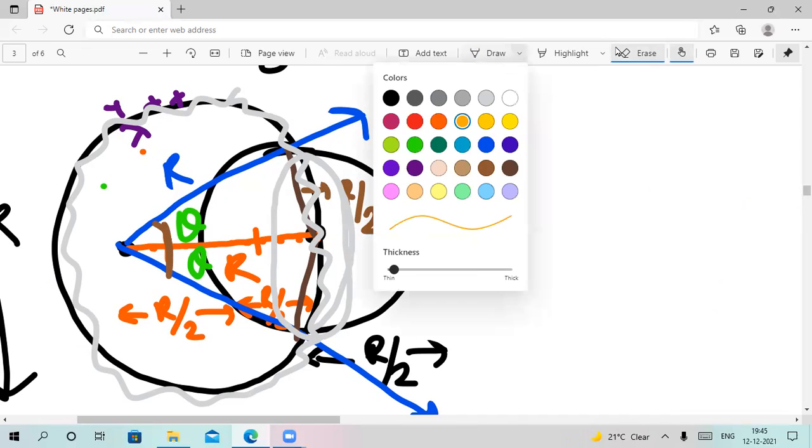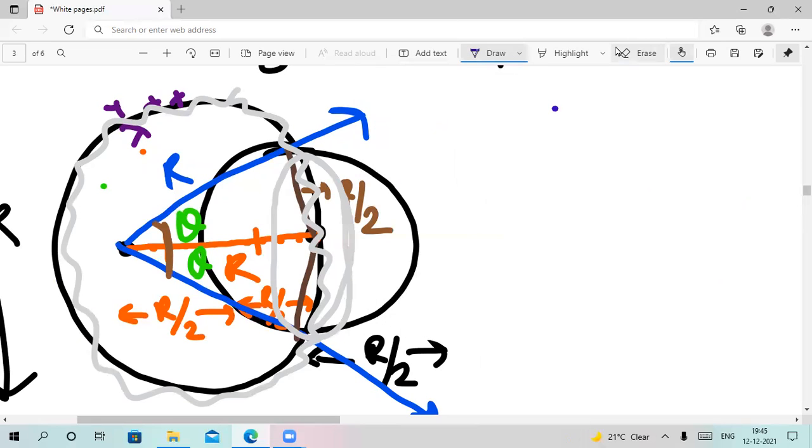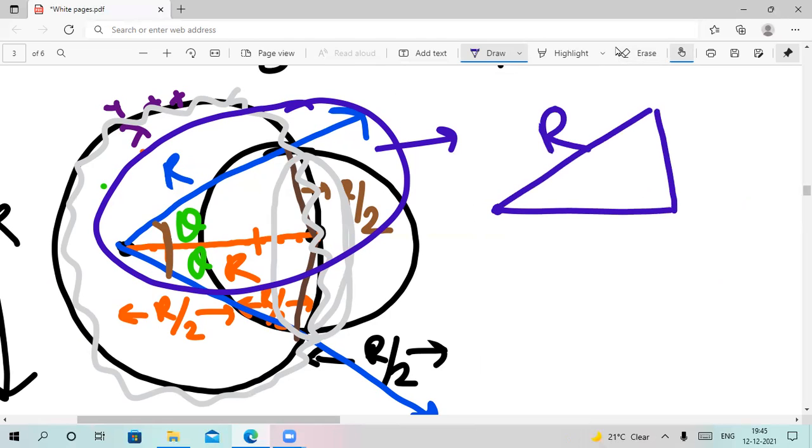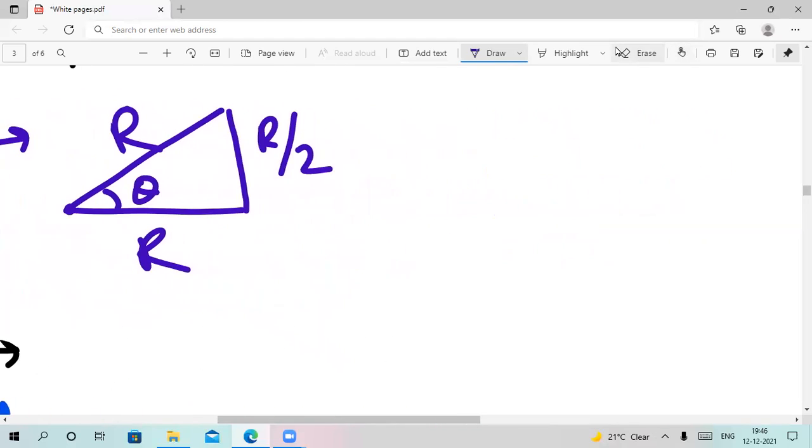So now I am basically going to draw this whole thing as you can see here. Here, we have a triangle. This has length r, angle theta, and this length is r by 2, which is the radius of the sphere. So from here, by application of the cosine formula, I can simply calculate the value of theta. Okay.